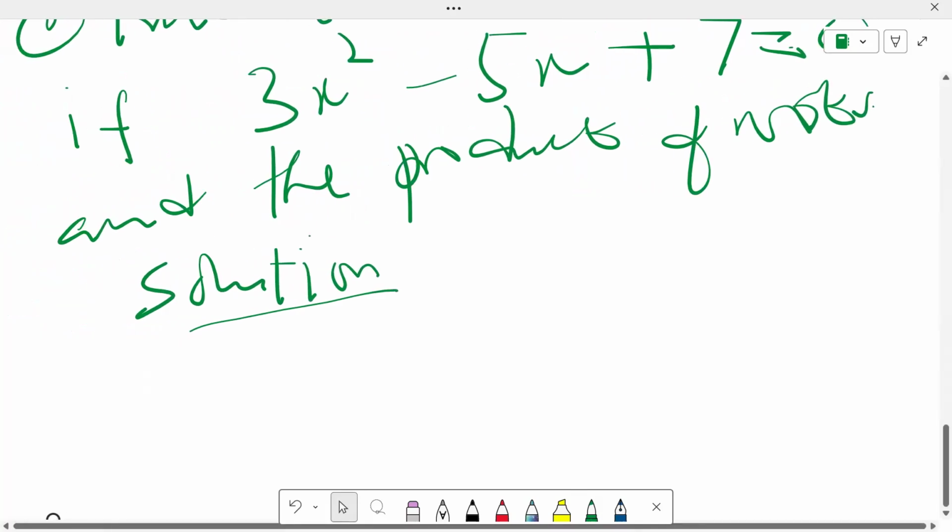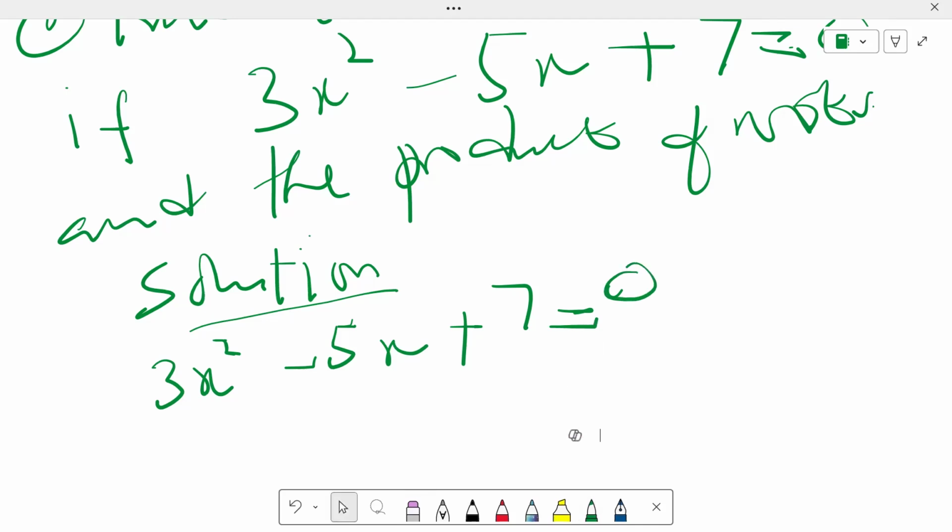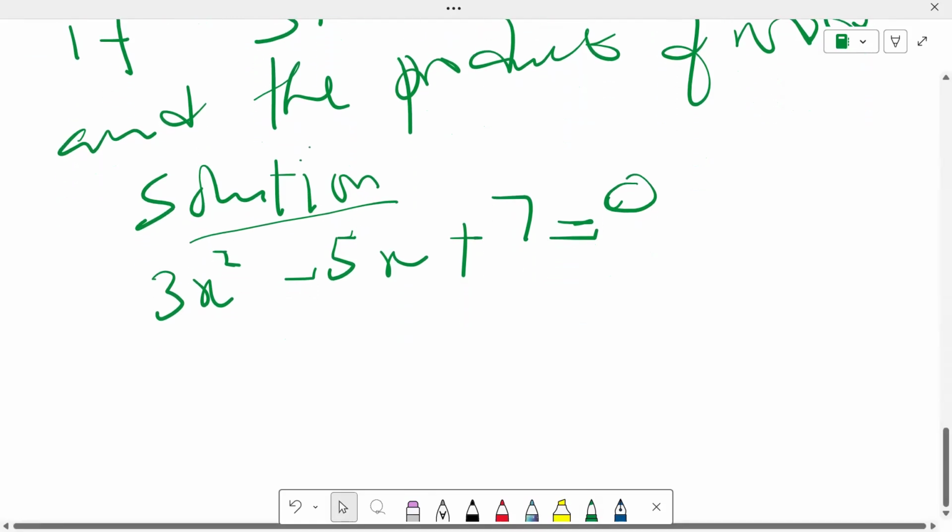First, let's see how we can actually answer that. Now, we want to divide through by 3 so that the coefficient of x squared will be 1.